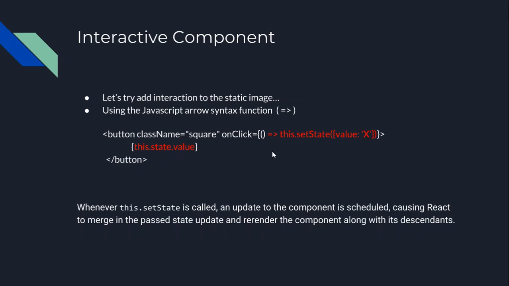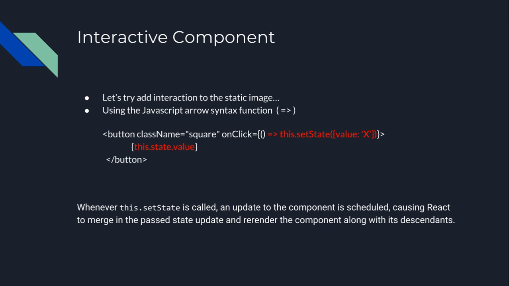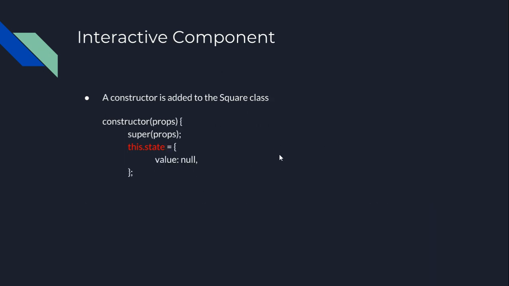Whenever setState is called, an update to the component is scheduled, and it causes React to merge in the state update and re-render the component along with its descendants. So in order for React to know that we're using setState, we have to make a constructor in the square class.